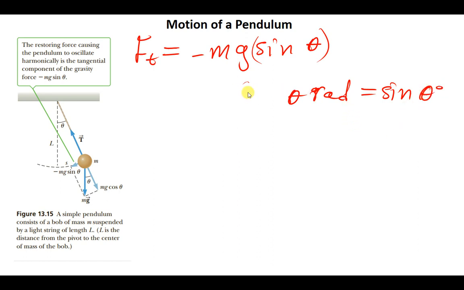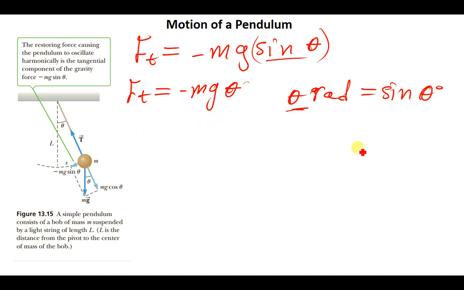This is the conclusion that we made. Hence, where there's sine theta, we can just put theta in radians. So the tangential force is equal to negative mg theta. Of course, this theta is supposed to be in radians.